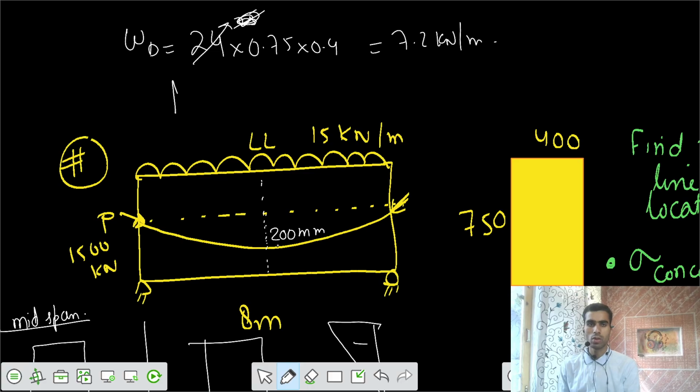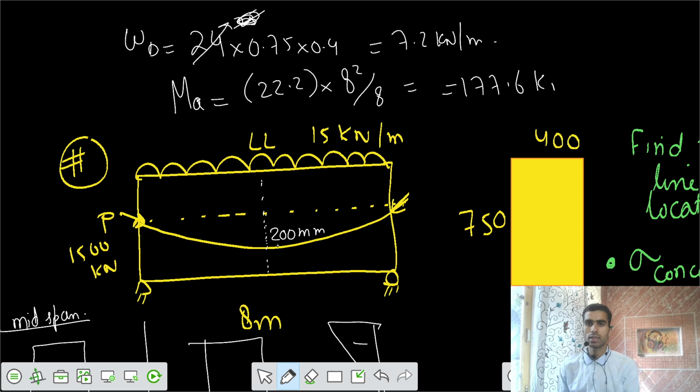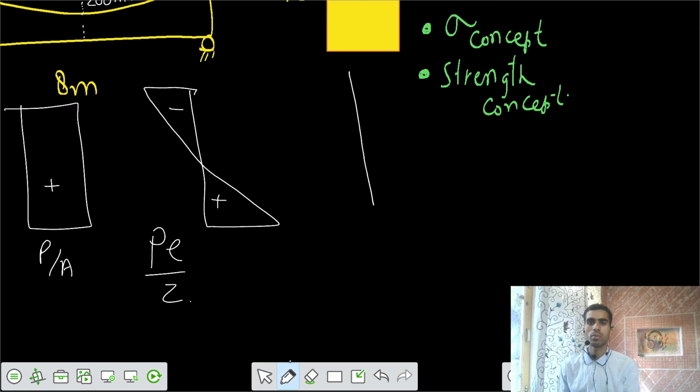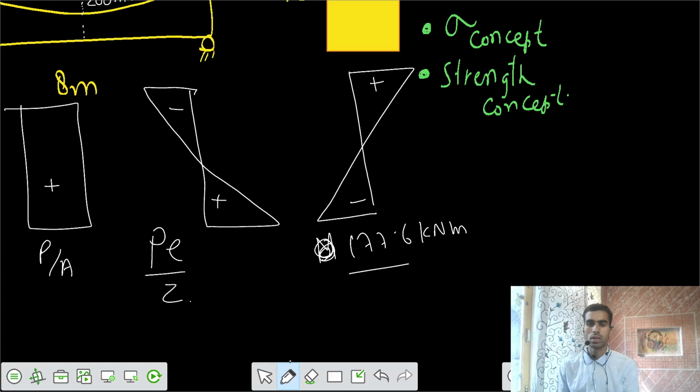So the total moment because of all those UDLs is 22.2 L square by 8, which equals 177.6 kilonewton meter. Because of this sagging moment, we have top compressive, bottom tensile. So this is M, 177.6 kilonewton meter divided by Z.